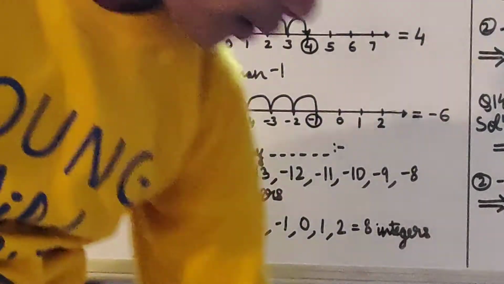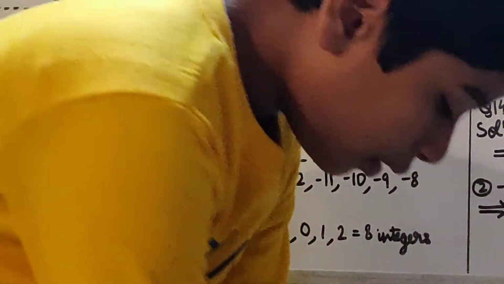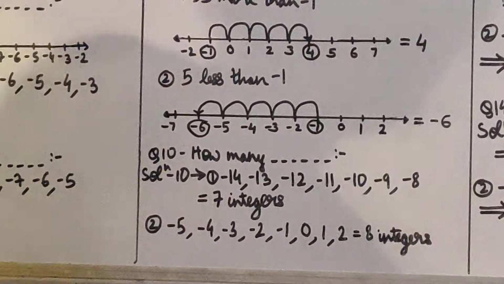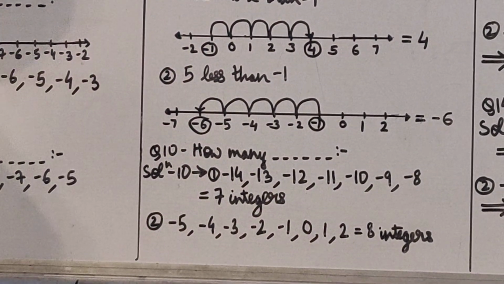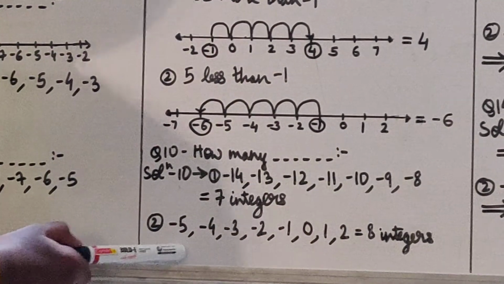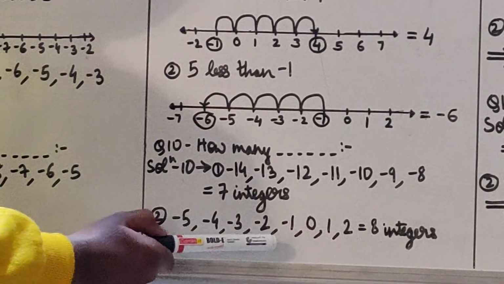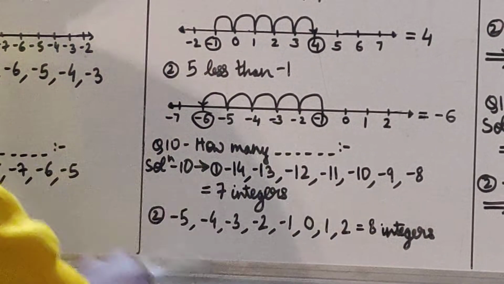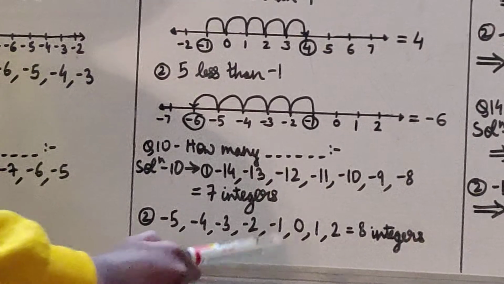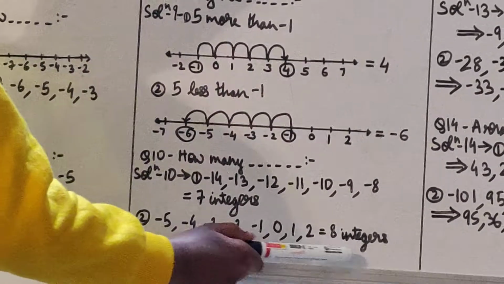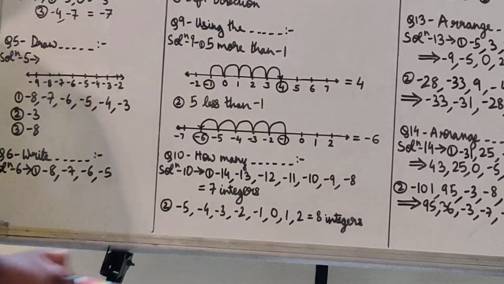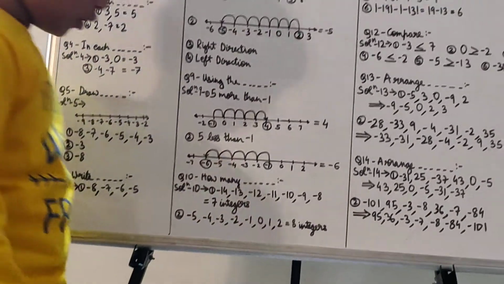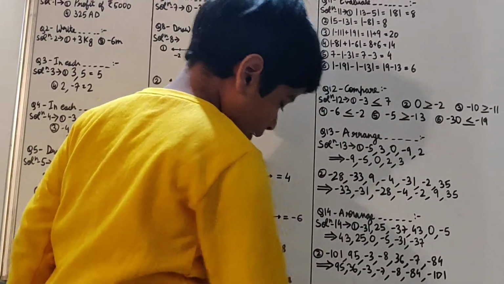Then the second part, it is which integers lie between -6 and 3. So -5, -4, -3, -2, -1, 0, 1 and 2. These are the integers which lie between -6 and 3. That is 8 integers.